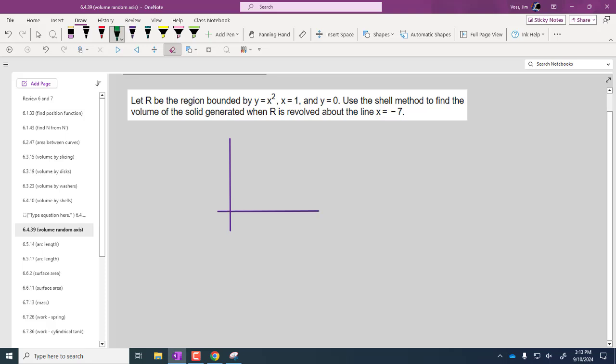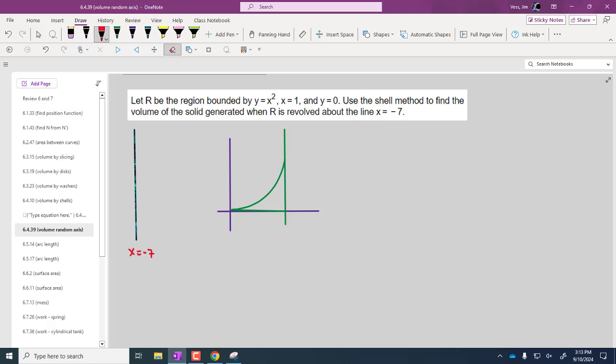So here's x squared. Here is 1. And y equals 0 is the x-axis. So that's our region that's going to be rotated around our axis of rotation. Let's make our axis of rotation over here. So this axis of rotation is at -7. All right, so we're going to rotate all the way around there.